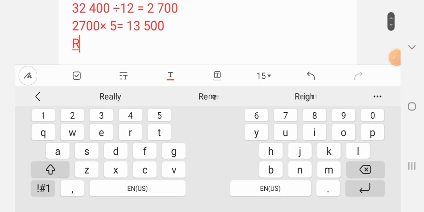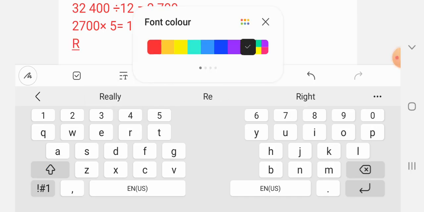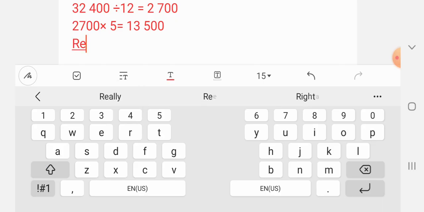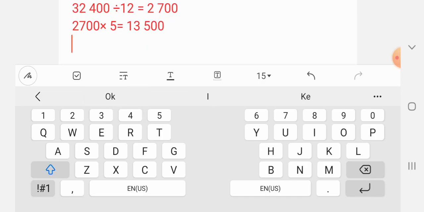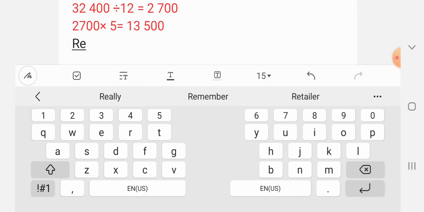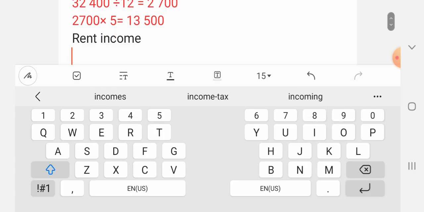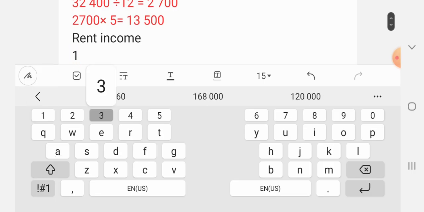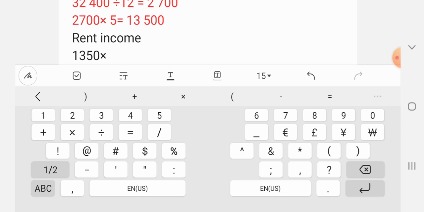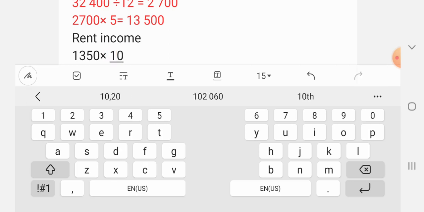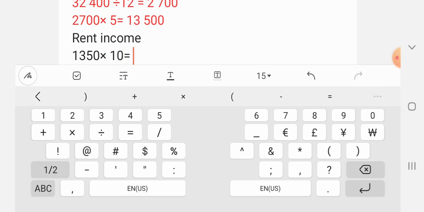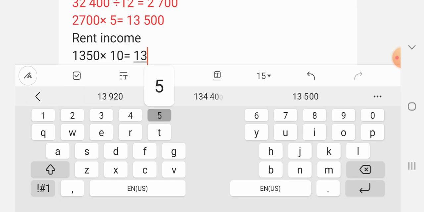We are doing calculations for rent income. So we have 1,350 multiplied by 10, as I've explained to you, that will be equal to 13,500 rand.